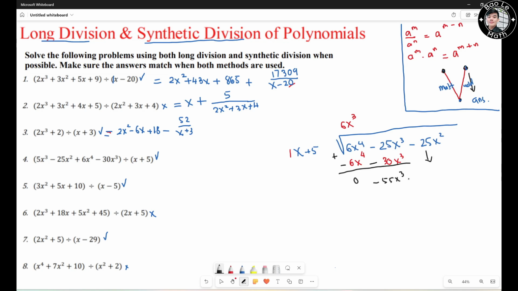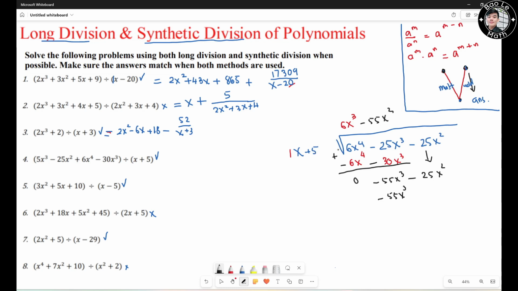Bring this one down, minus 25s squared. The leading coefficient is negative 55 divided by 1, which is going to be negative 55. s cubed divided by s is going to be s squared. Multiply this one back, it's going to be negative 55s cubed.